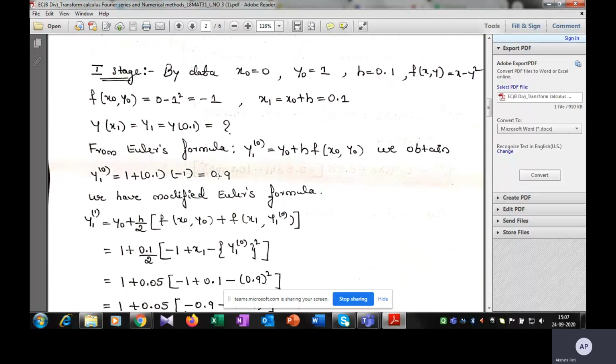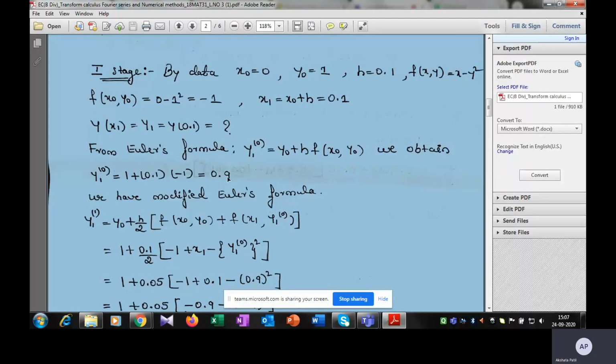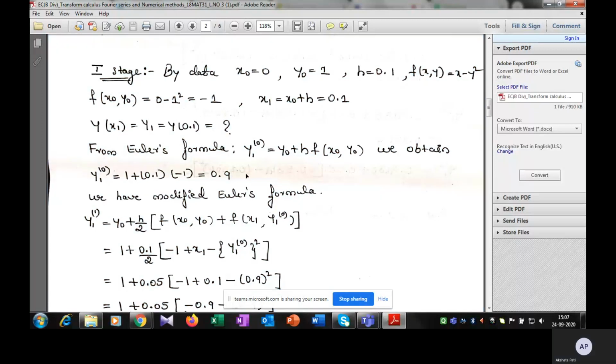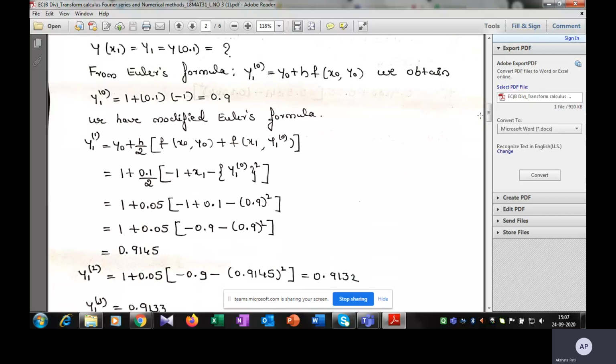Now after this initial approximation, the accuracy is poor in this particular formula. We need to improve this accuracy to the desired degree of accuracy by using the modified Euler's formula. So first, take the first approximation here.